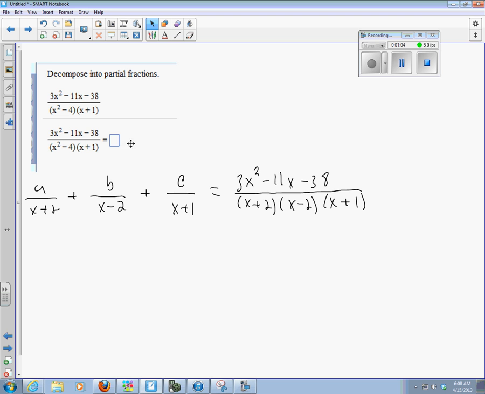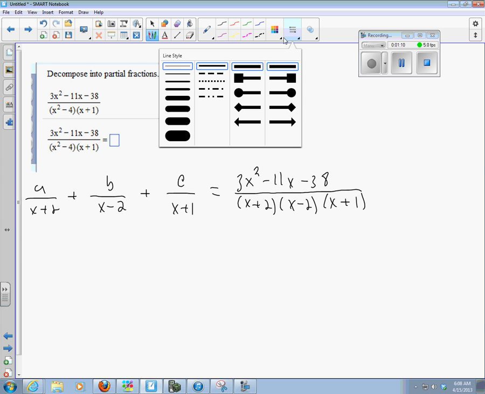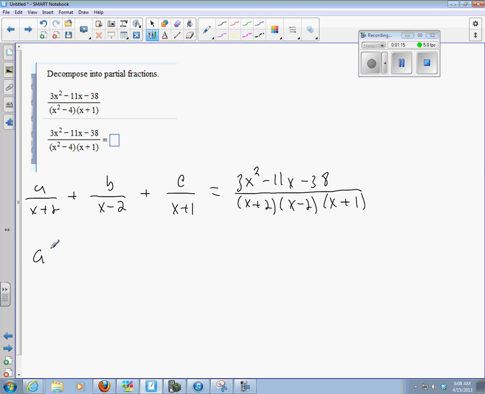Okay, so I'm going to clear the denominators by multiplying by that great big long common denominator. So that's going to leave me an a times, because I've got an a over x plus 2, the x plus 2 will cancel, so I'm going to leave that times x minus 2 times x plus 1. And then for the b term, the second term, the x minus 2 is going to cancel out.